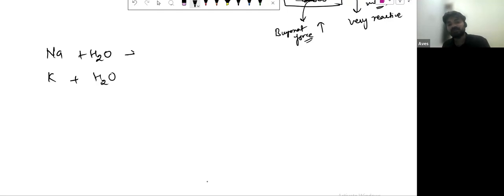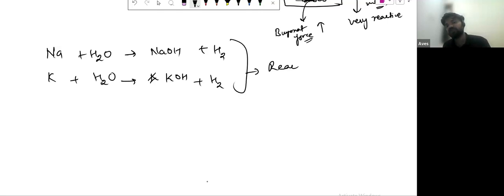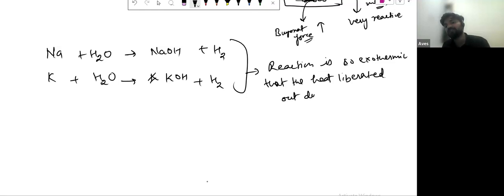Actually, in this case, dear student, the reaction is so exothermic that the heat liberated during the reaction lets the hydrogen gas catch fire. You understood?